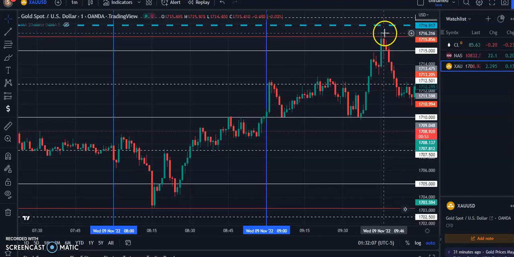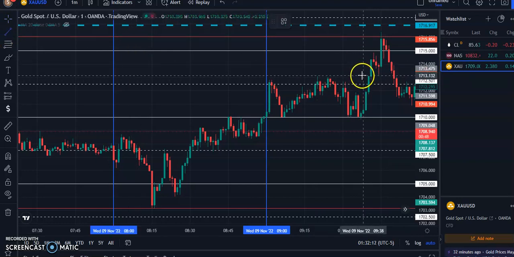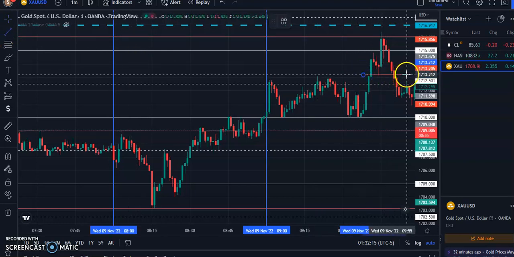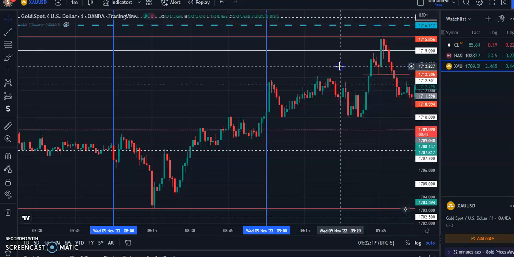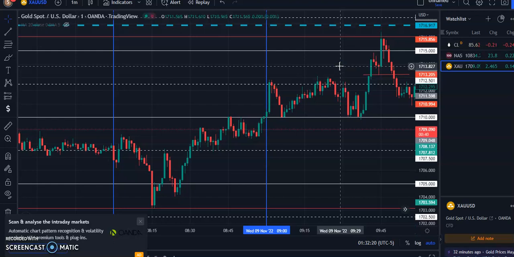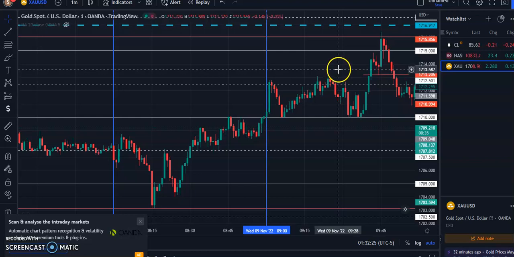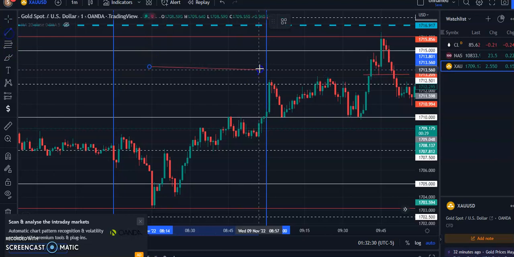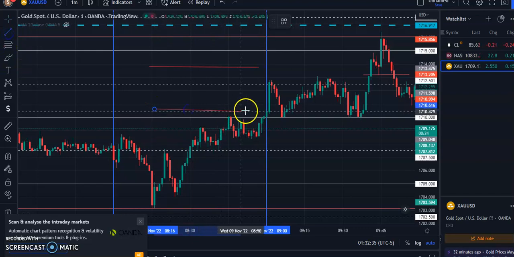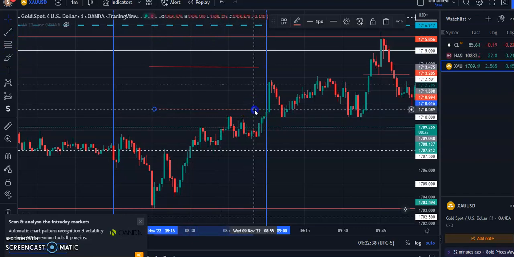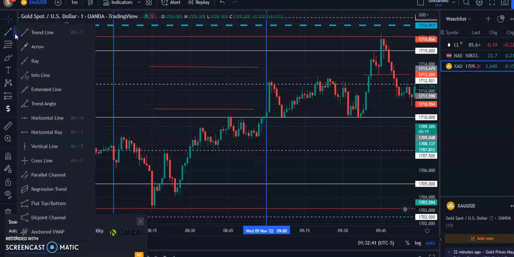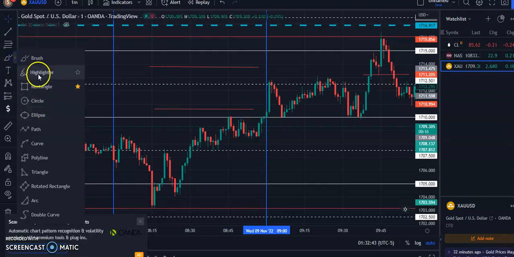Now, this is the mistake that I made. There was the break in structure here. But the procedure is usually, let me draw for you. So we have our high there and we have our low there. This is what happens.